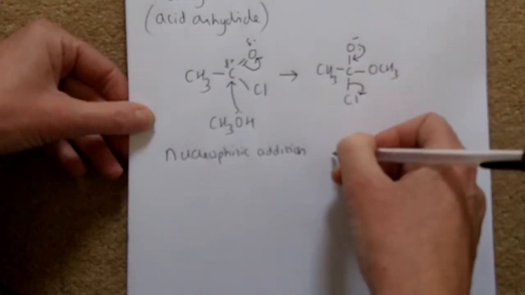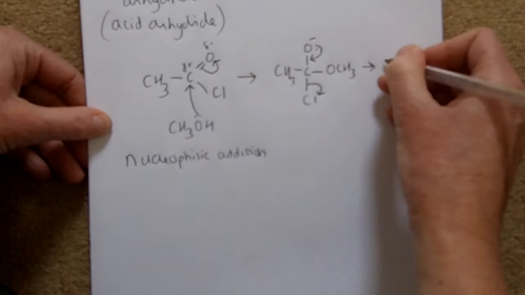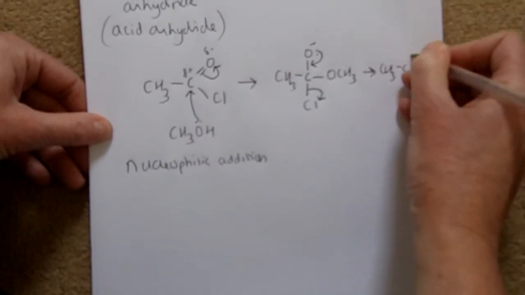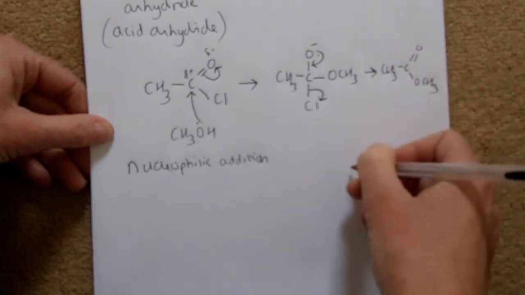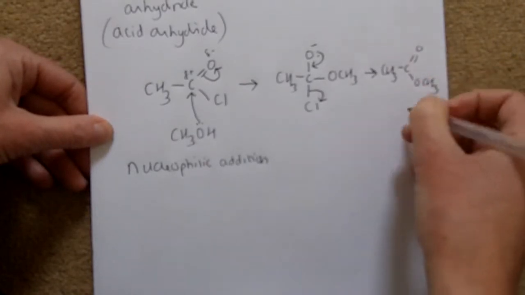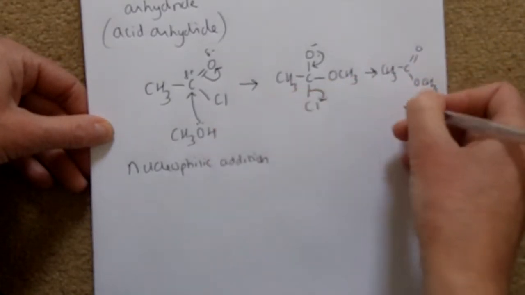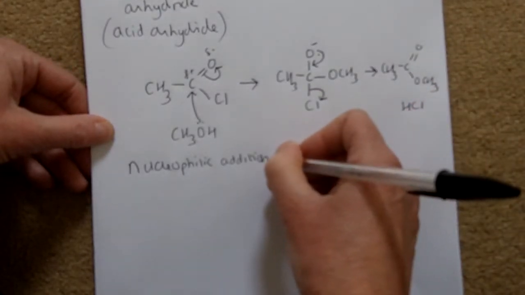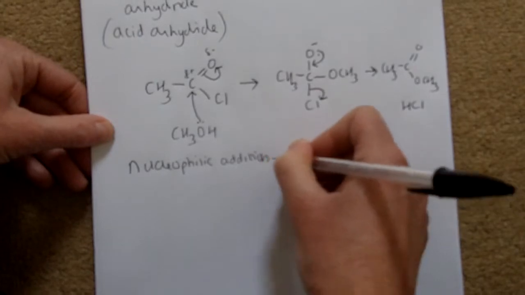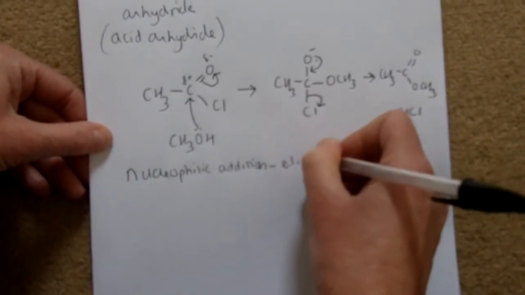The Cl gets eliminated, so CH3, C double bond O, and there's your ester, and then the Cl joins with the H to give HCl. So it's called a nucleophilic addition-elimination reaction.